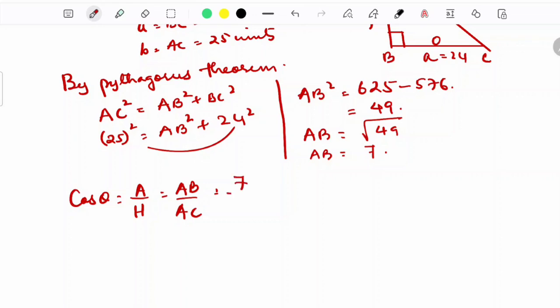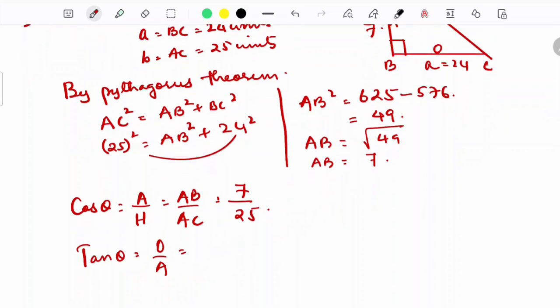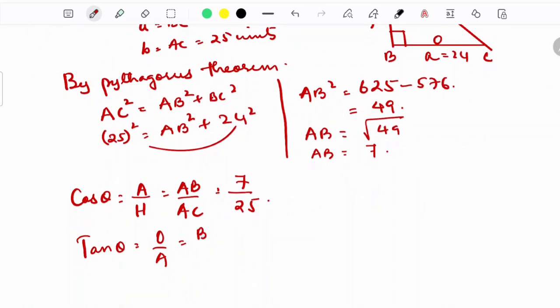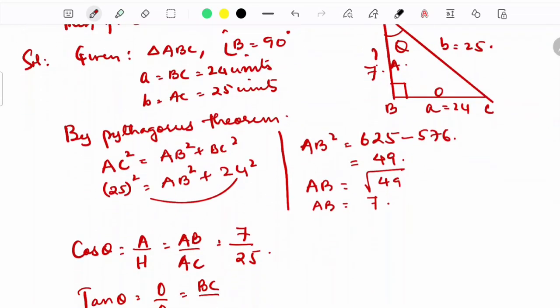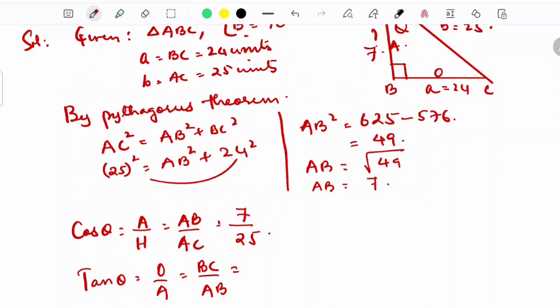AB we got as 7 and hypotenuse is 25. So this is cos theta. Now tan theta is equal to opposite over adjacent. Opposite here is 24, that is the side BC, and the adjacent side is AB. So tan theta is equal to 24 over 7. So this is what we were asked to find.